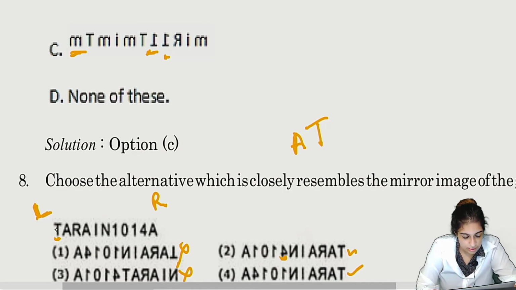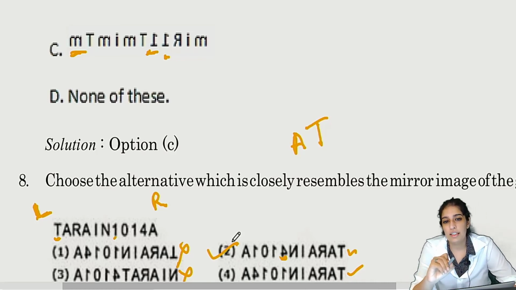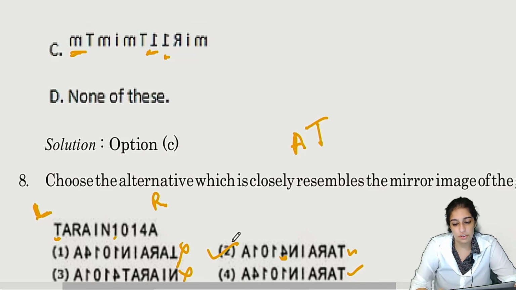Now this is my left hand side, it will become the right hand side. T, A, R, A, I सेम है, N सेम है. यहाँ N के बाद 1 आता है, इनने N के बाद 4 लिखा है. Can you see? I am looking at the second option. Okay, and I am reading it. What they have done? The left hand side, okay, is T, A. So I will start reading it like this, ulta.